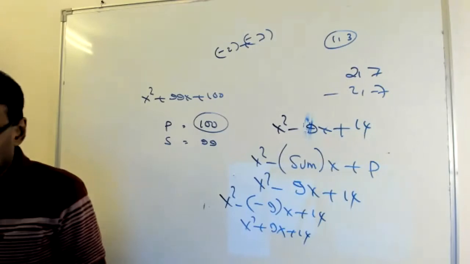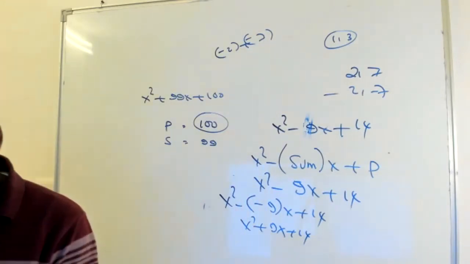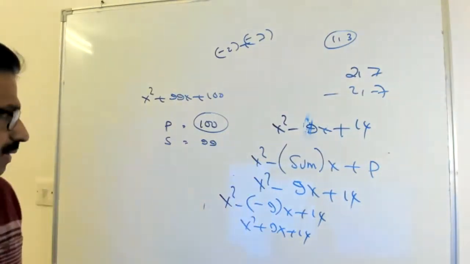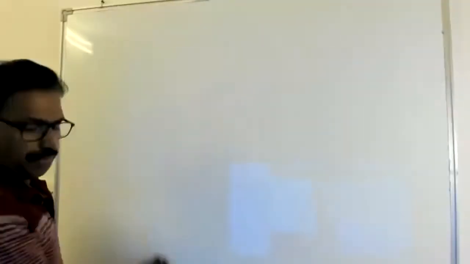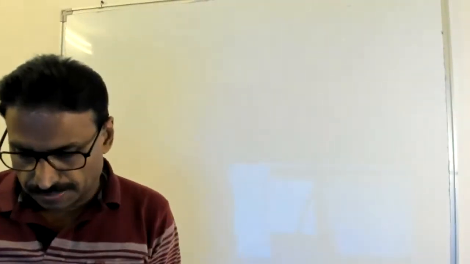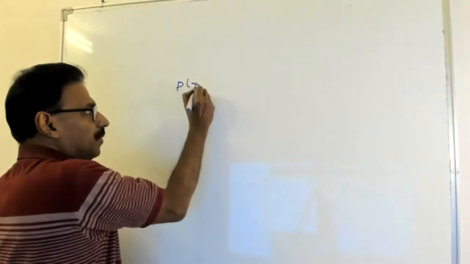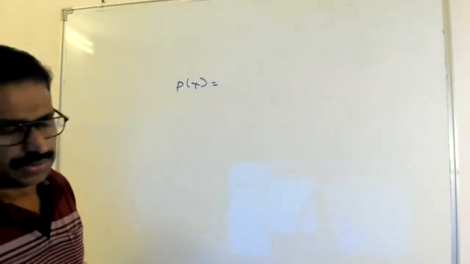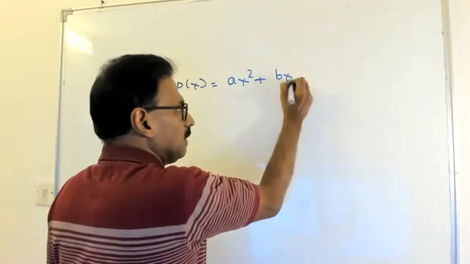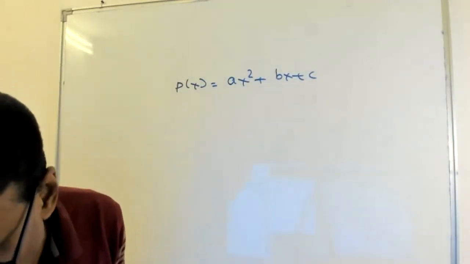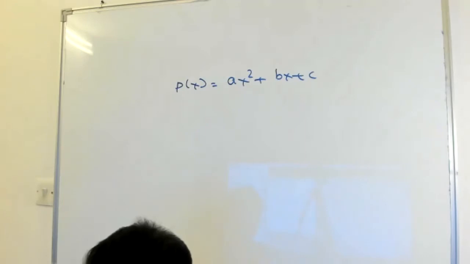Okay, so next question, right? Find the condition that zeros of the polynomial p of x equal to ax square plus bx plus c are reciprocal of each other.